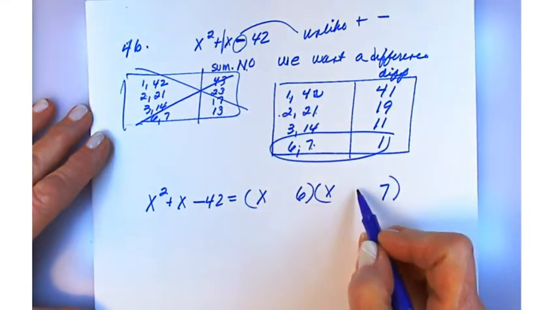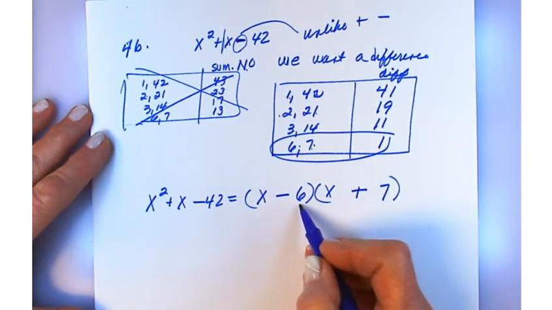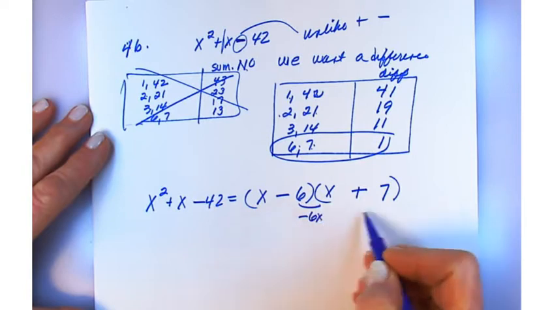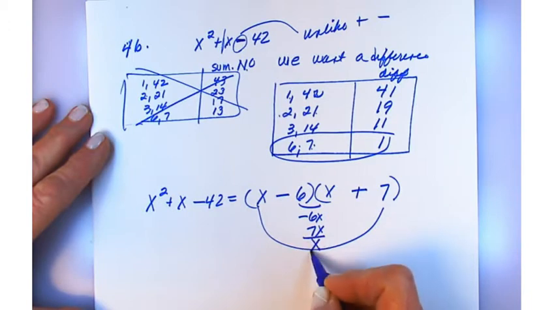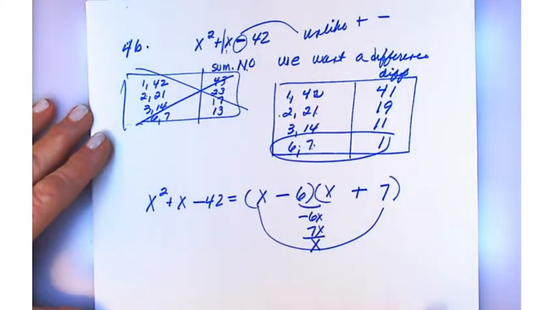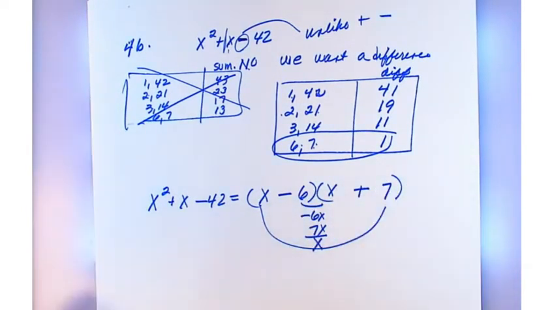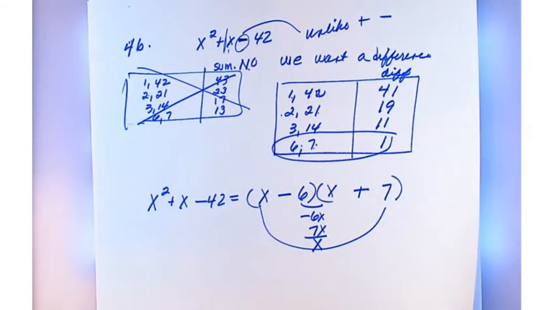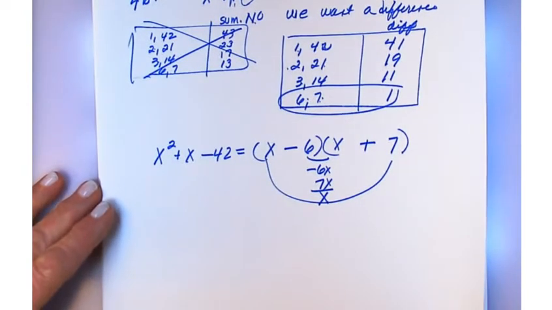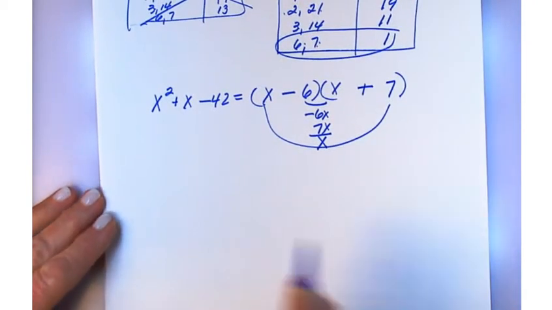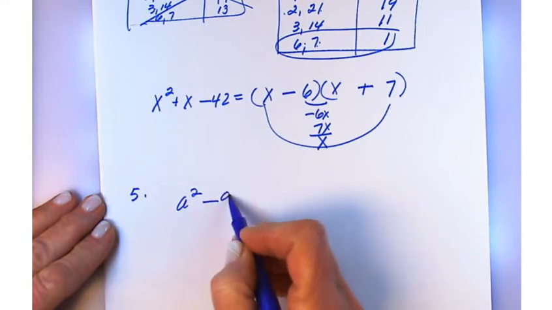And I'll make 7 positive and 6 negative. Check my scoops. 7 minus 6 is 1x, and that agrees with that. Remember, checking the scoops doesn't check to see if the product was right, that you factored correctly, but it checks the middle sign for sure. Number 5, a squared minus 9a minus 22.